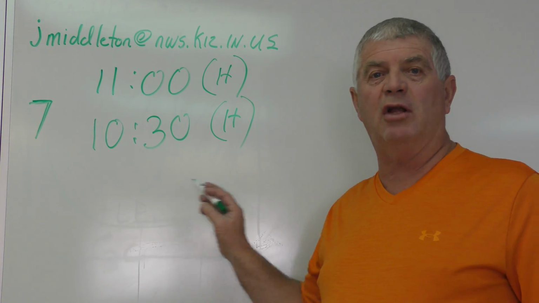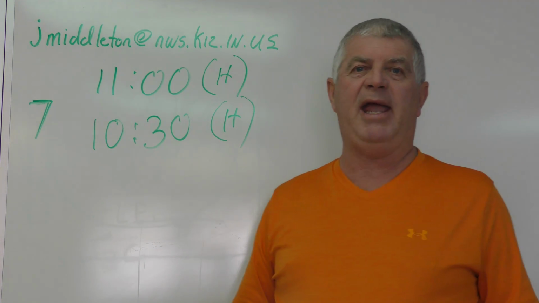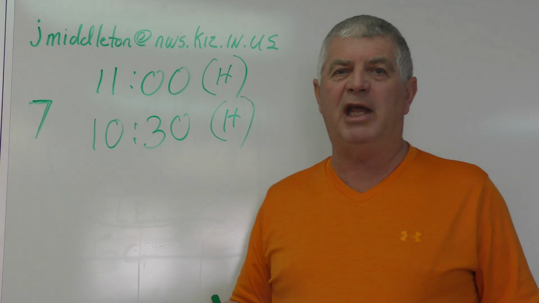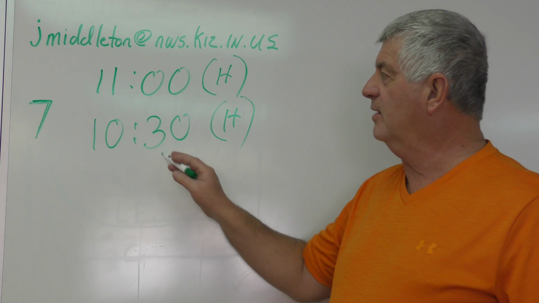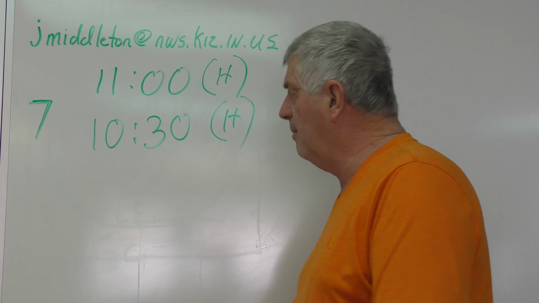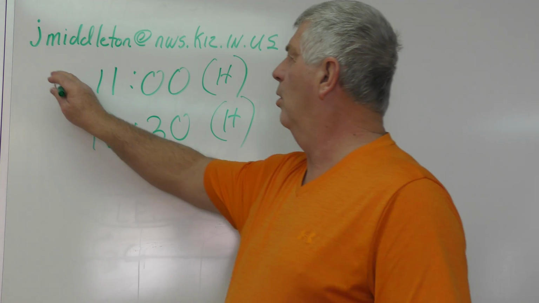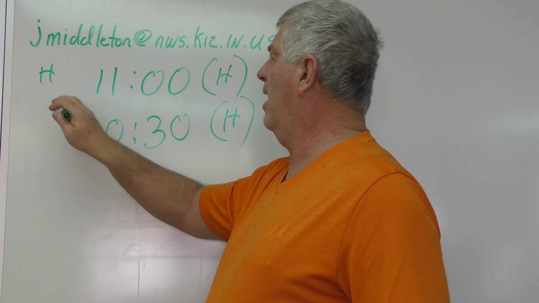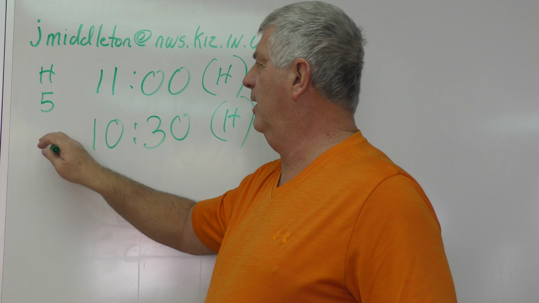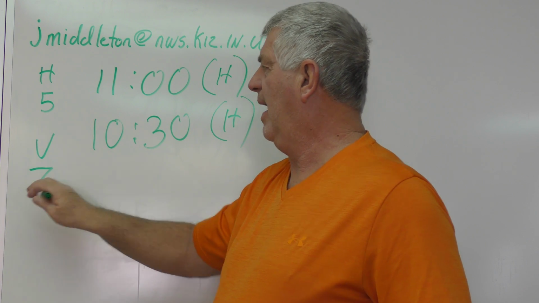Could the visitors call a timeout in here? Yes, they can. And you will hope that they do. But if it doesn't happen, then our timeout situations, we're going to put up here the home team now has 5 remaining, and the visitors have 7.